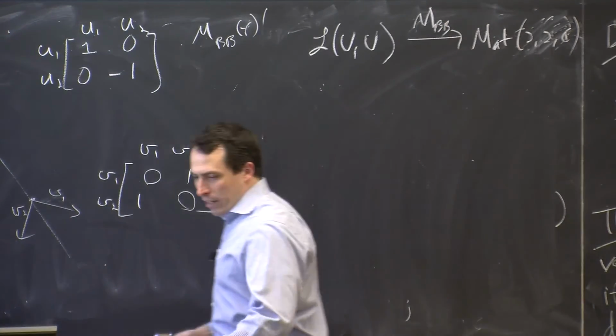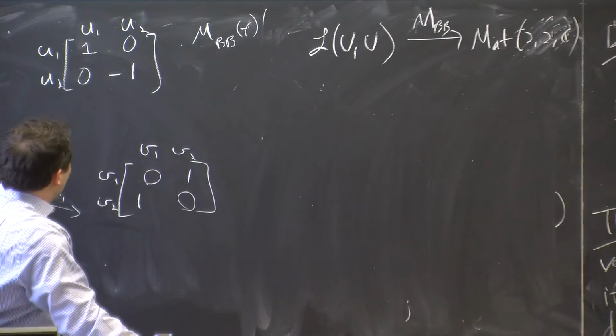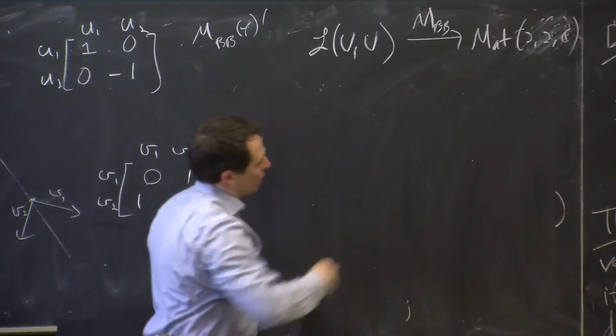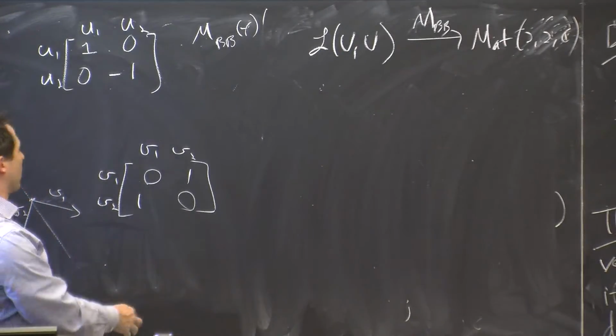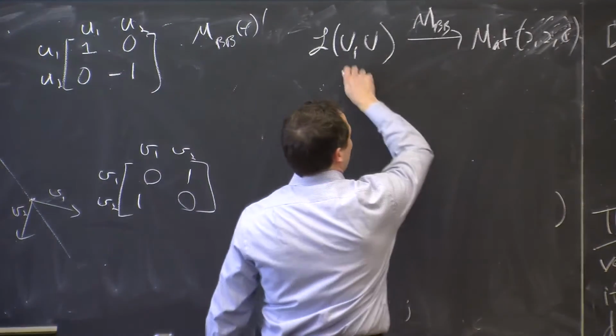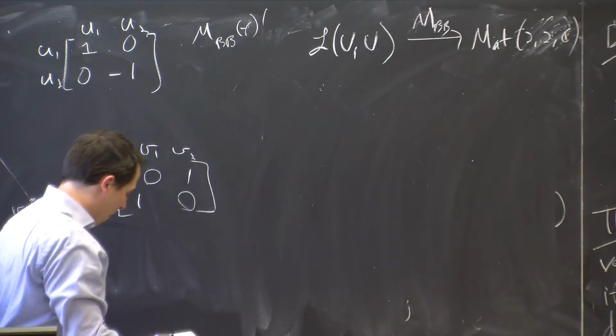We argued that this is linear, but it's in fact invertible, and this is in fact an isomorphism, but it's not in any sense canonical because the basis that I choose determines which matrix gets associated to an F. There's no particular matrix.